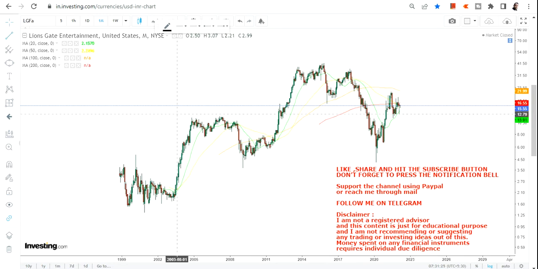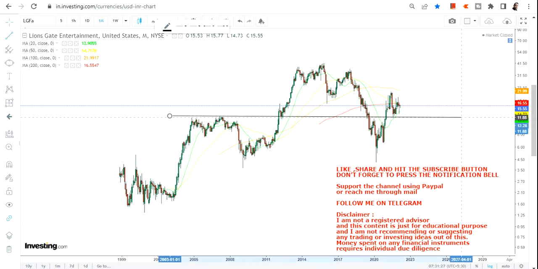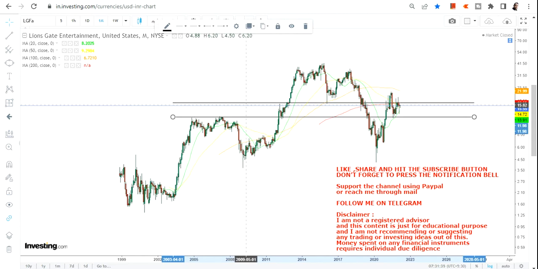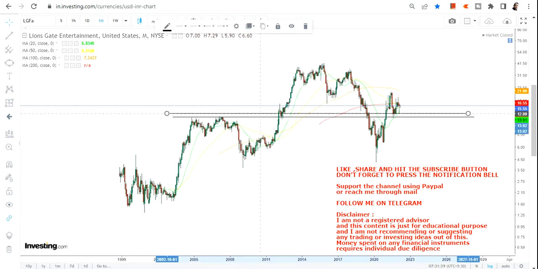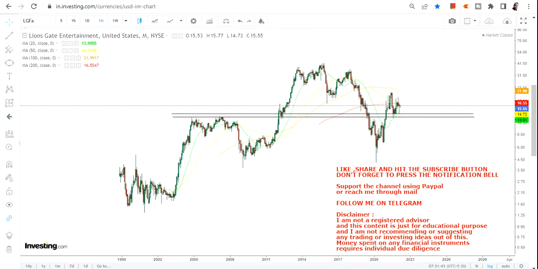Now, as far as the overall chart is concerned, what do we have here? As far as the overall range is concerned, this is what we have here. Your previous resistance is now working as a support. That is what you can clearly see as far as the range is concerned. So what do we have here?